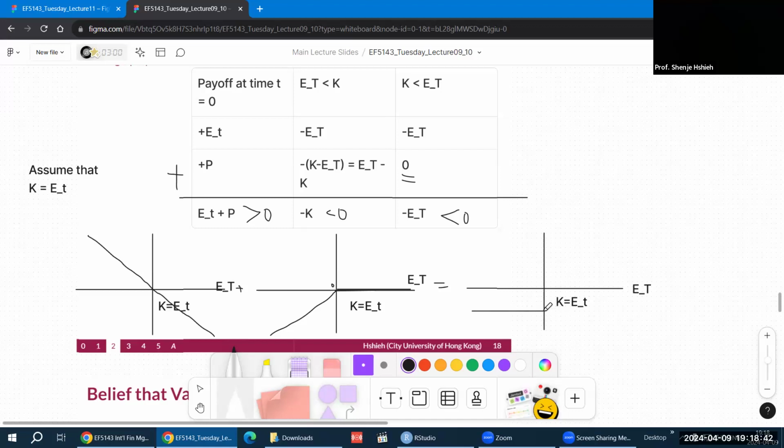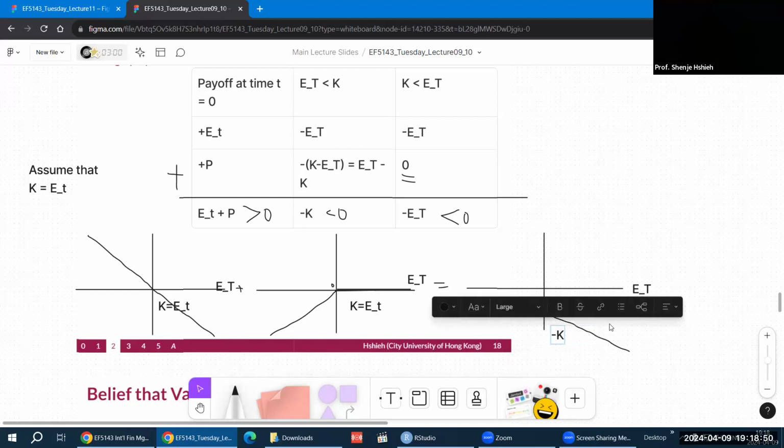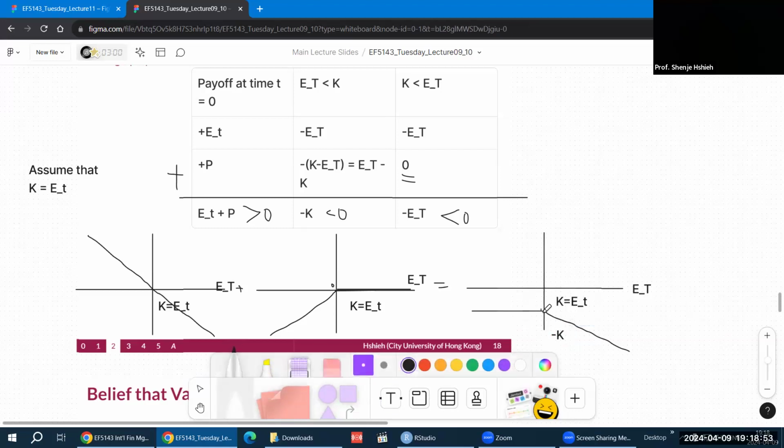If we don't factor in the profit from the sale of the put, this point here should be minus K. But if we account for the positive sale, then we get a line that's above the origin, like that. So it's an upward shift, and this point here should be P.